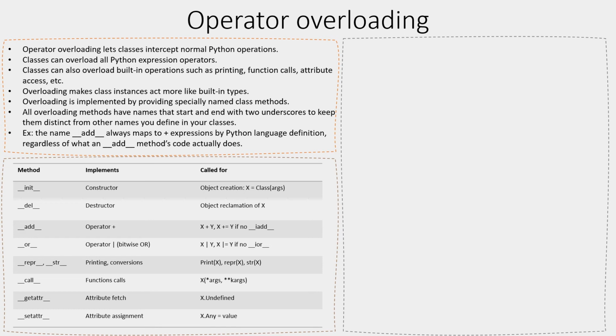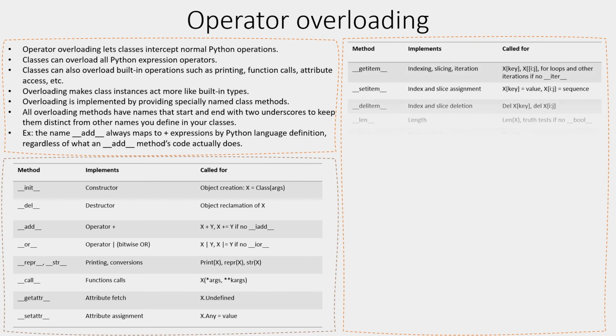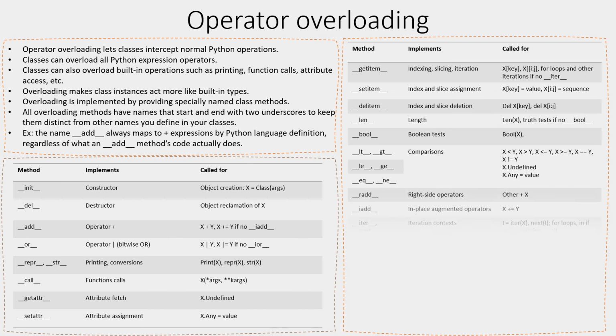Then getattr is to fetch attributes, and setattr, it is for the attribute assignment. Then we have more to see. First one is getitem. This is particularly for indexing, slicing and iteration, to customize those operations.